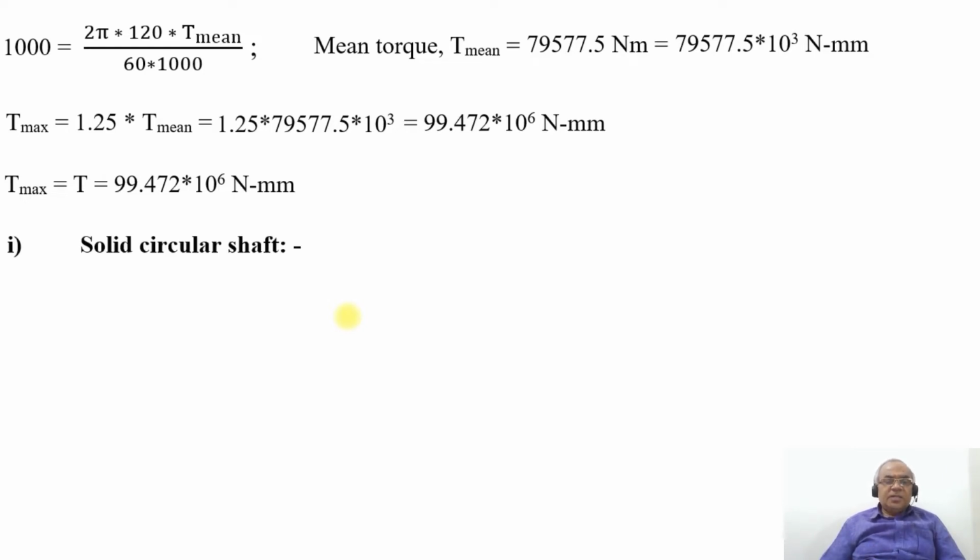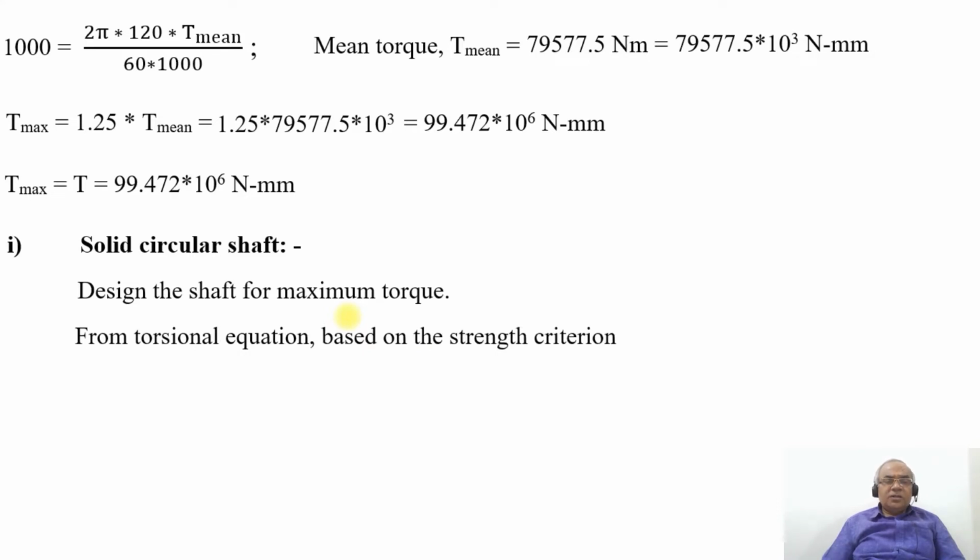First we are going to consider the first case, the solid circular shaft. Design the shaft for maximum torque. From the torsional equation, based on the strength criterion, T by J_p equals tau by R. So T will be equal to tau into J_p by R, which is equal to tau into Z_p. Z_p is pi d cube by 16, so pi d cube by 16 into tau equals torque.